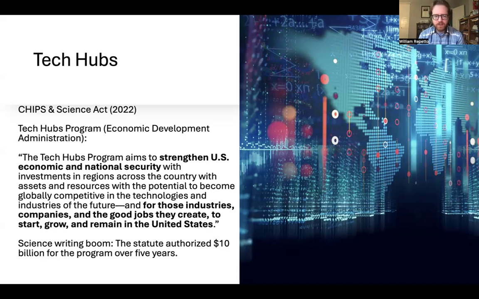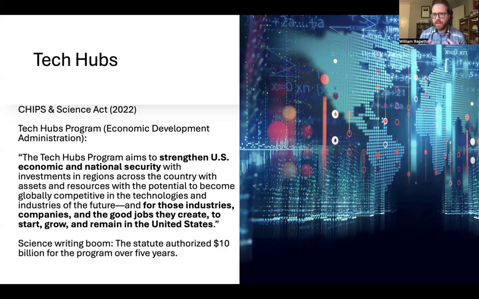Basically what that law said is we're going to set aside some money and we want to find places in the United States where there's enough resources to specialize in a very specific technology. And what we're going to do is give that region money in order to help them synergize or bring all these resources together. And we're going to hope they create a ton of jobs.